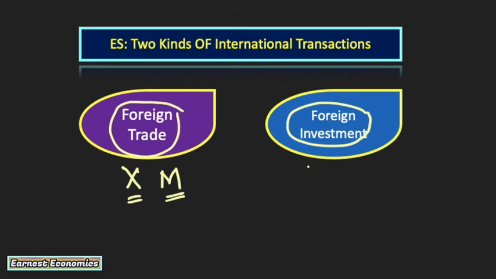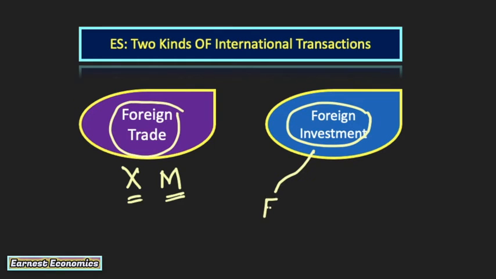Foreign investment means that when a person or firm belonging to a particular country makes investment in other countries, in the rest of the world, it can take two forms.